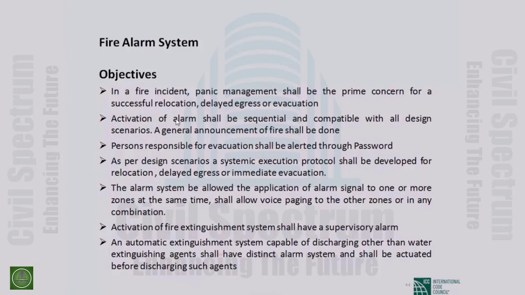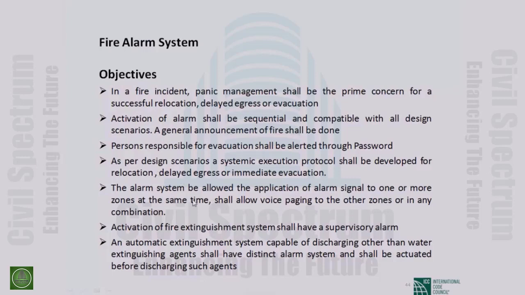So you have to give the alarm sequentially, and decide accordingly. Persons responsible for the evacuation shall be alerted through a password, so that all of them are alert first and can take steps. As per the design scenario, a systematic evacuation protocol shall be developed for relocation, delayed egress, and immediate evacuation.